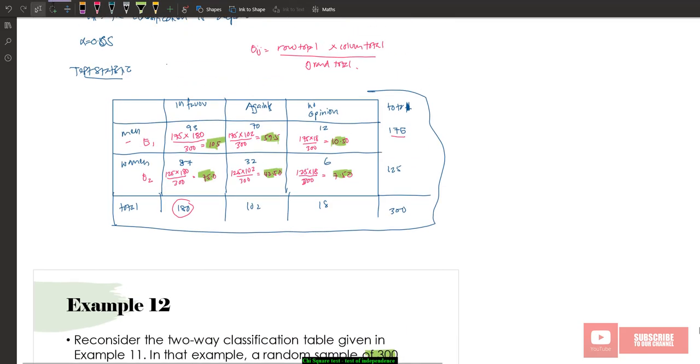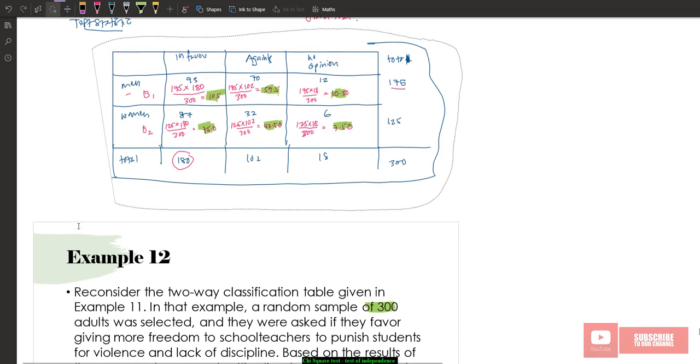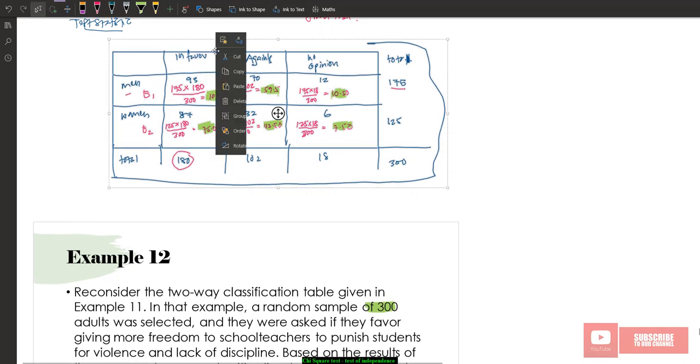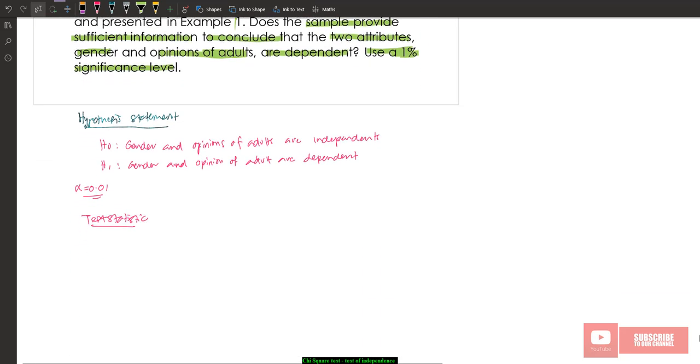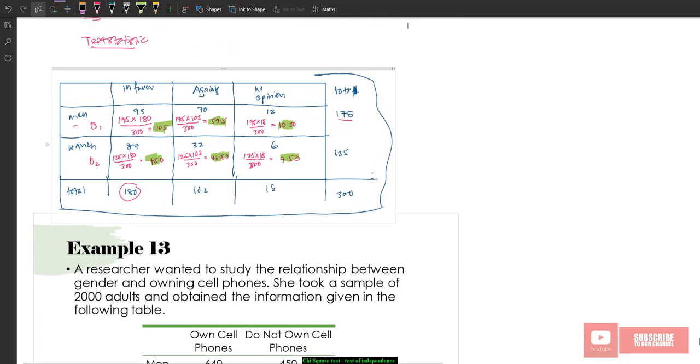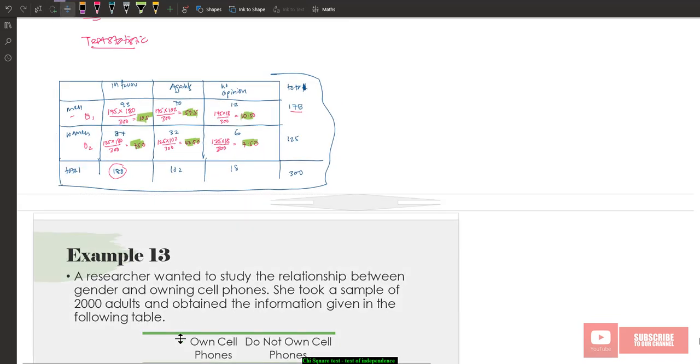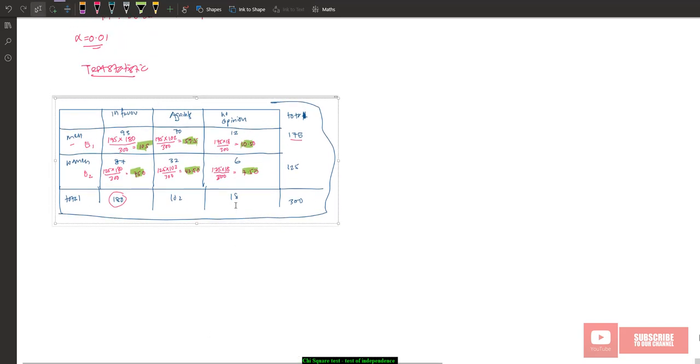Let me copy the table again. Right. So now the test statistic, we need to calculate the chi-squared.